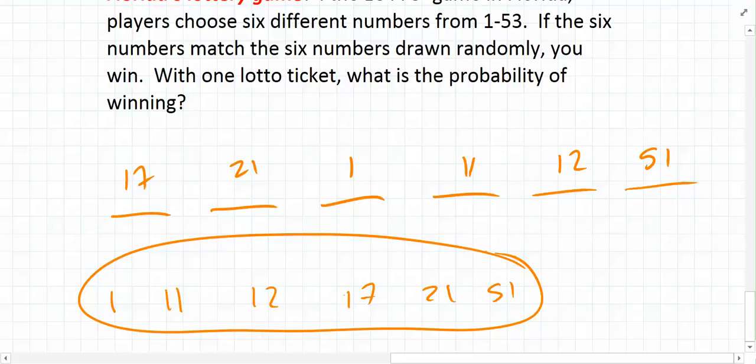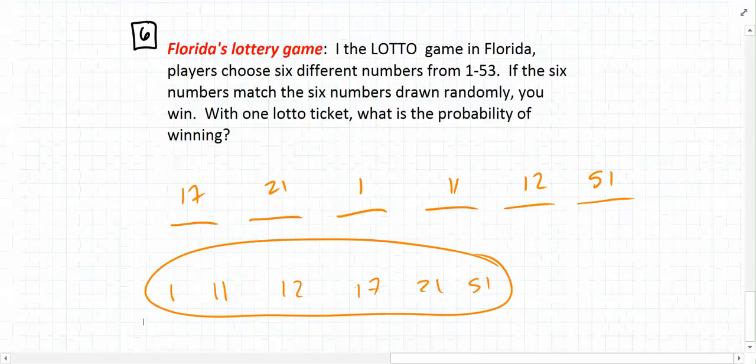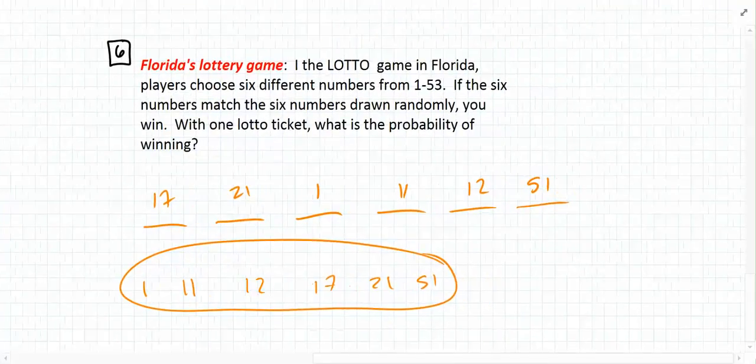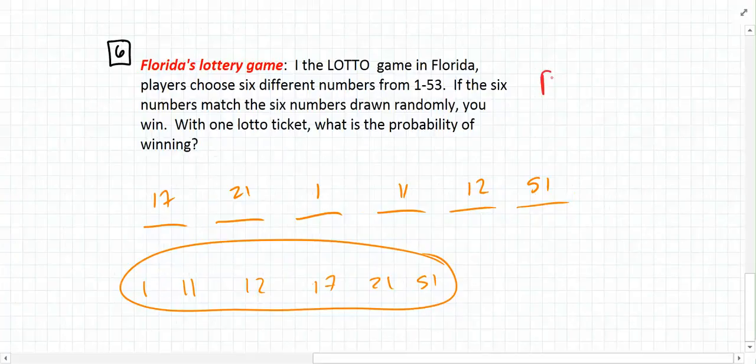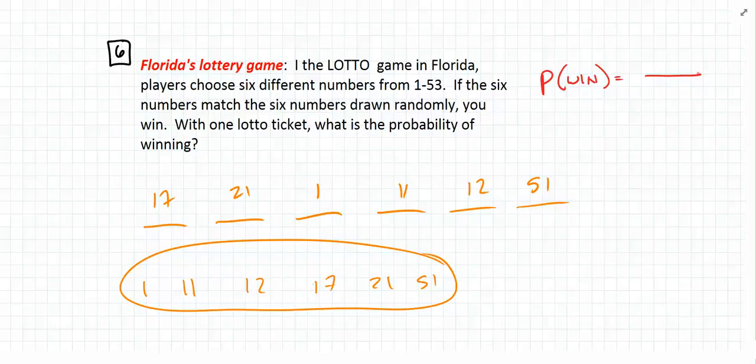So what we need to do is use the definition. So the probability of winning is going to be some fraction over the total number of ways that this could occur. So the question is, how many different ways could we choose 6 numbers from the 53?